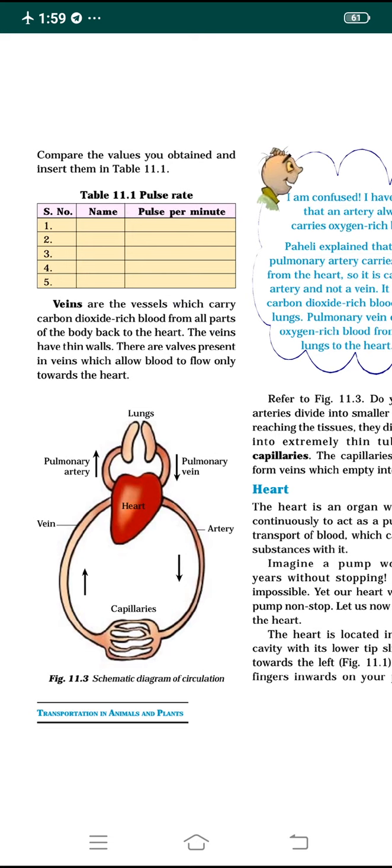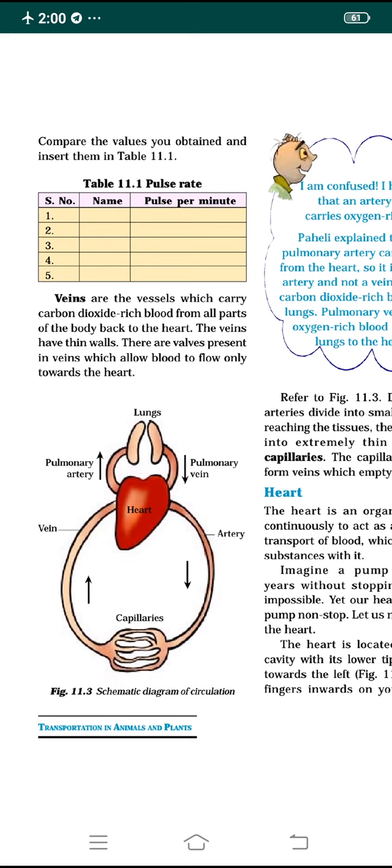This is a schematic diagram of the human circulatory system. Look at it here. There is a heart in the middle, and above that there are the lungs. From the lungs the oxygenated blood is supplied to the heart through the pulmonary vein. Later, from the heart, the arteries carry the oxygenated blood to each and every cell. Later the impure blood, the waste carbon dioxide gas which is produced, is carried through the veins and again comes back to the heart.